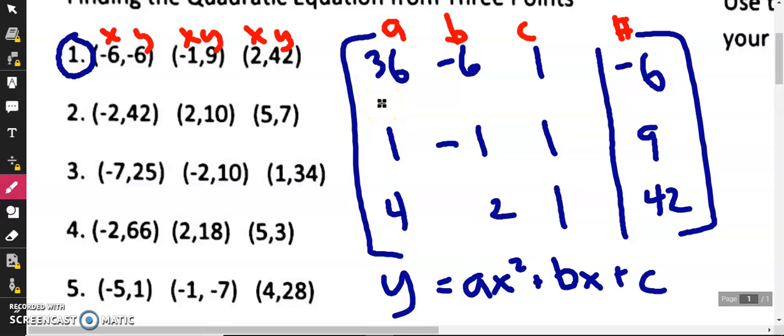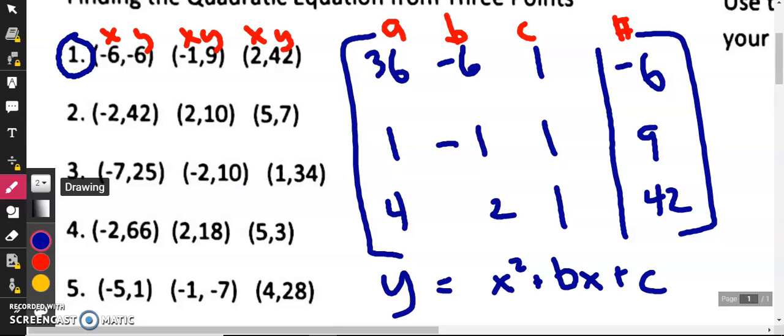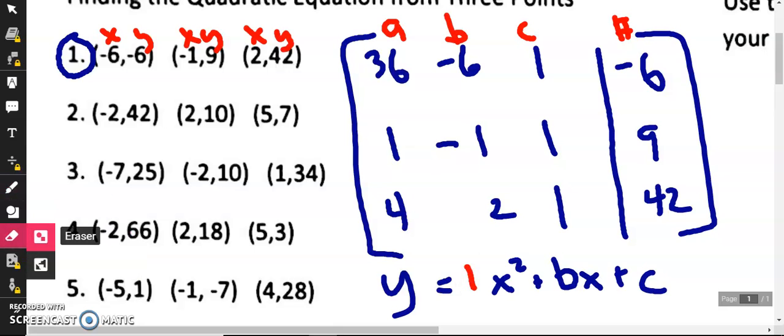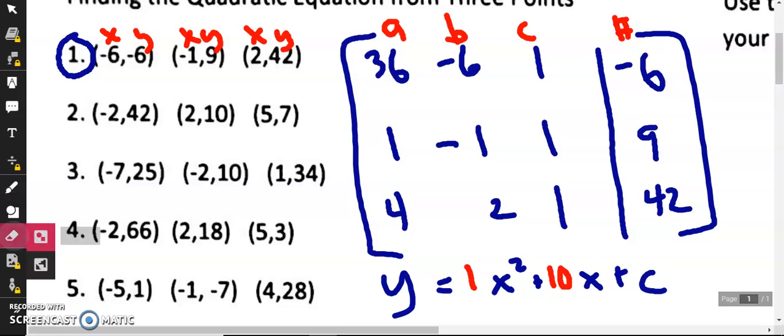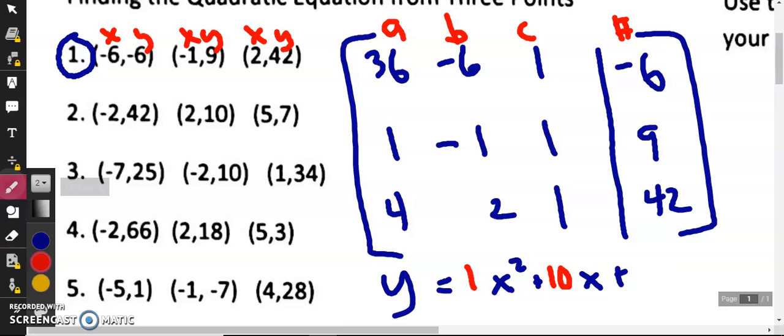And so to get our final answer, we'll go back to our standard form of the equation, and we'll just plug in those values from the matrix. So the A we said should be a 1. The B should be 10. And the C should be 18.